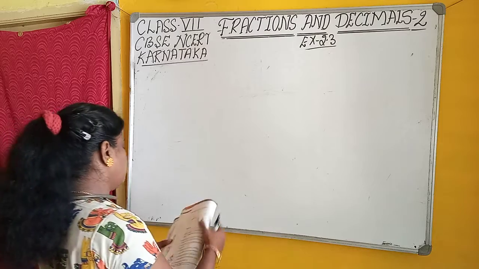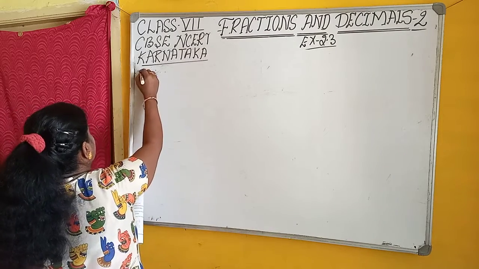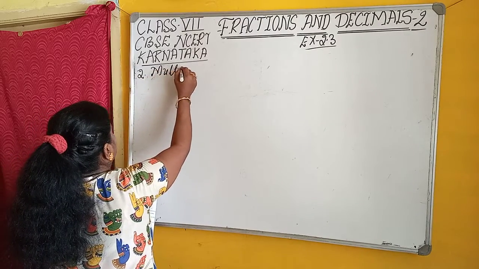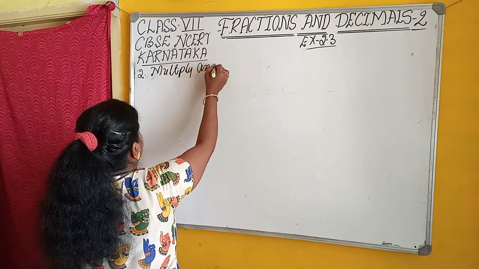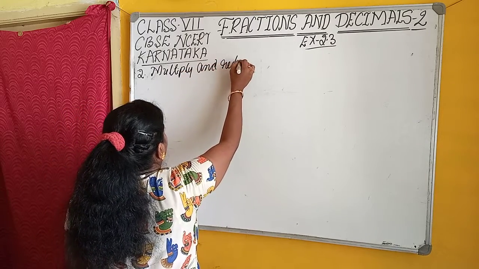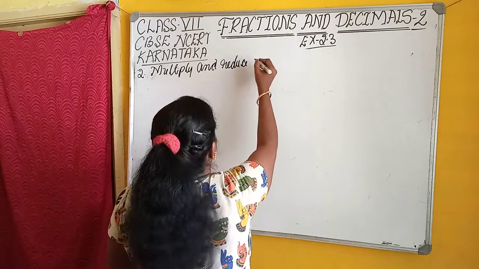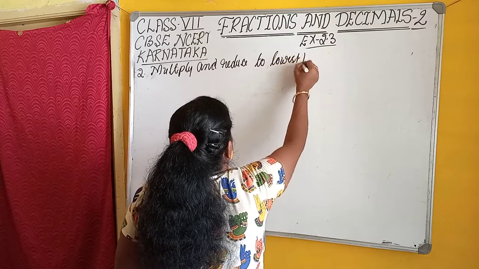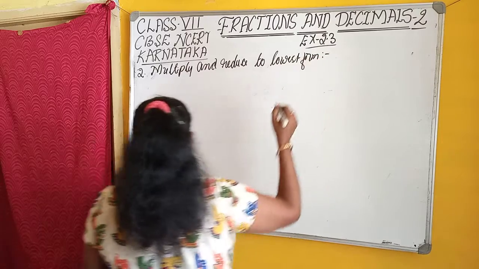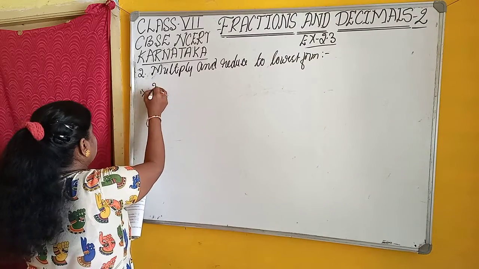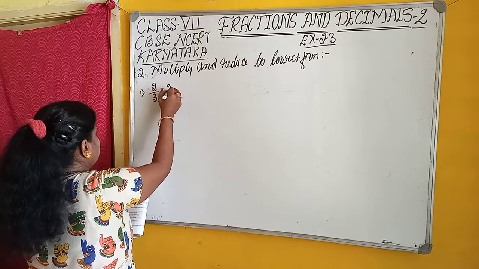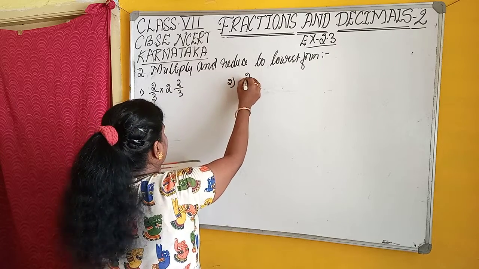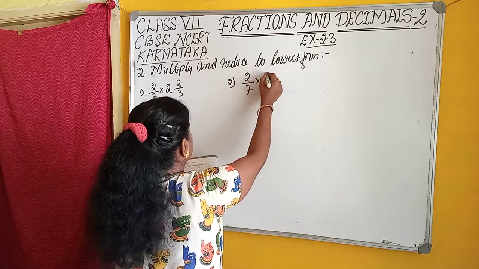Multiply and reduce to lowest form if possible. Second line, 2.3, multiply and reduce to lowest form. First one, 2 by 3 into 2 by 3. Second one, 2 by 7 into 7 by 9.